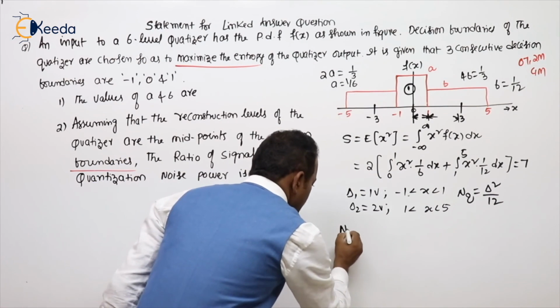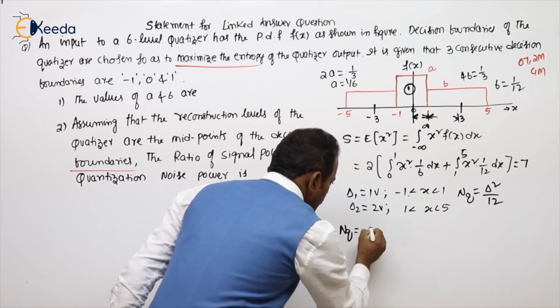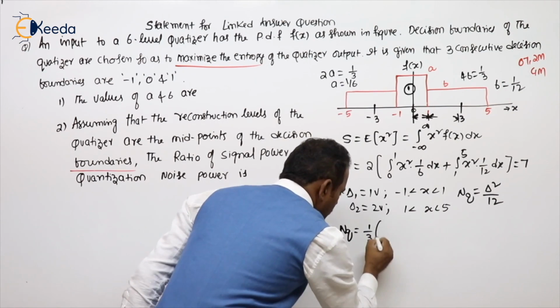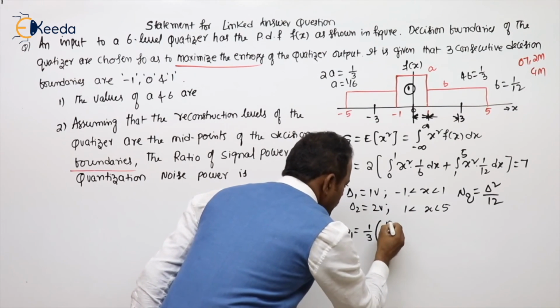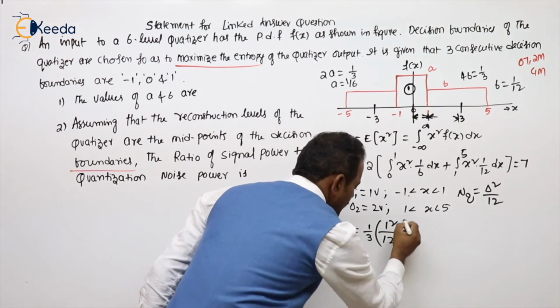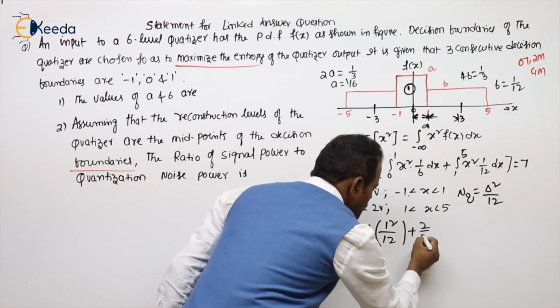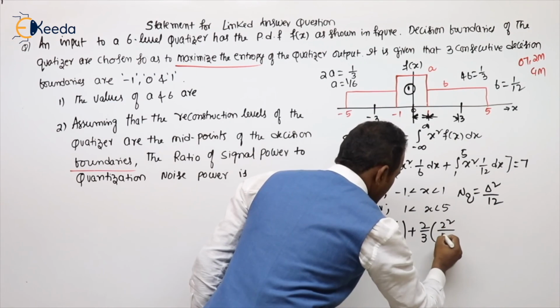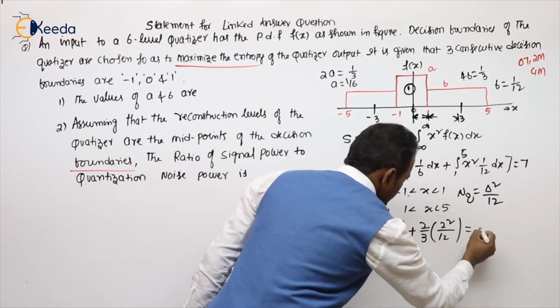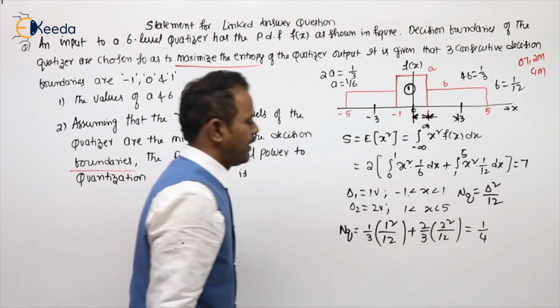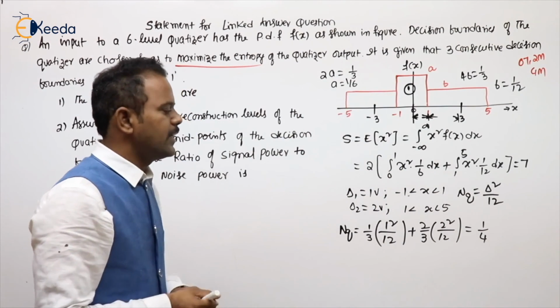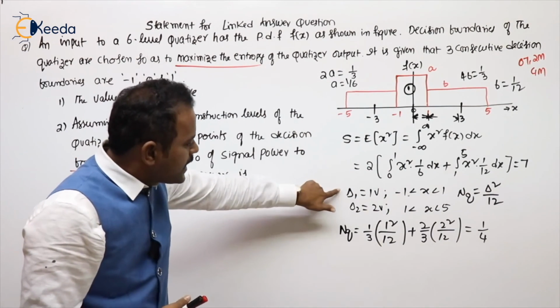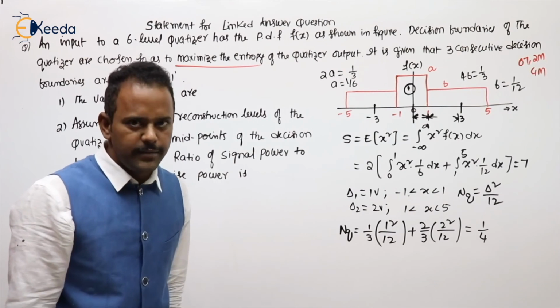So the noise power is: first region with 1 by 3 probability, delta 1 is 1, so 1 square by 12. Second is 2 by 3 into delta, delta value here is 2, so 2 square by 12. Calculate, you will get 1 by 4. That is the quantization noise power. Understanding these two is the logic here.